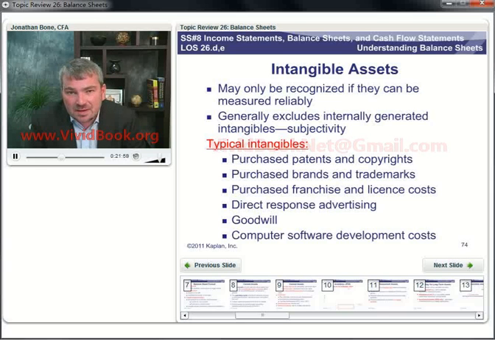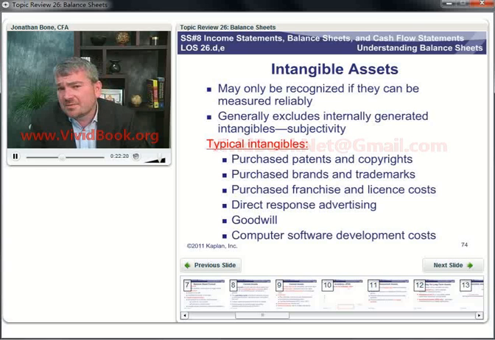Now, if you've purchased it, we can compute a dollar value for it. Whereas if we've internally generated goodwill, well, how do you know what the value of your employees, relationships with suppliers, relationships with customers actually is? So internally generated goodwill can't be capitalized. Purchased goodwill as a result of an acquisition can.